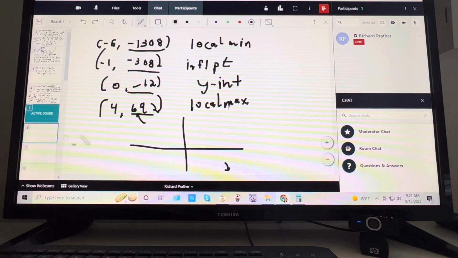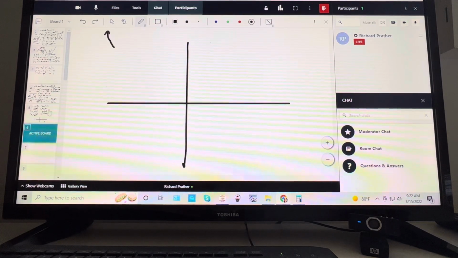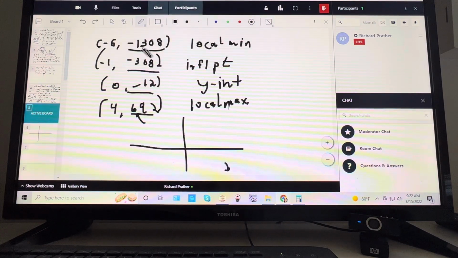So if I put the rises on the left end behavior, then I would want to get to (-6, -1308).